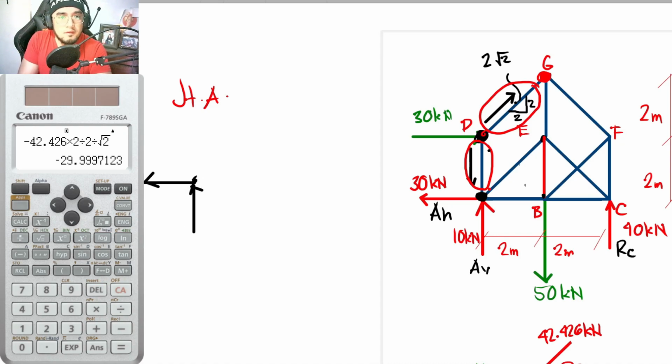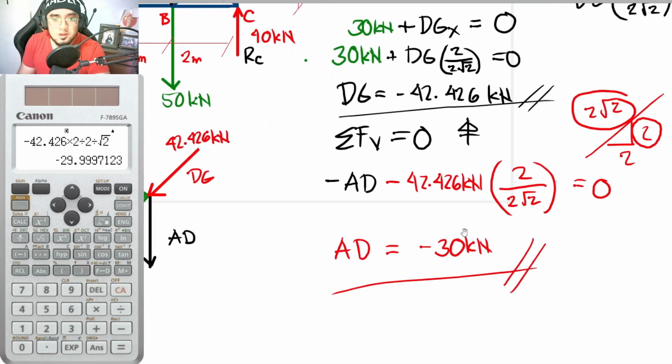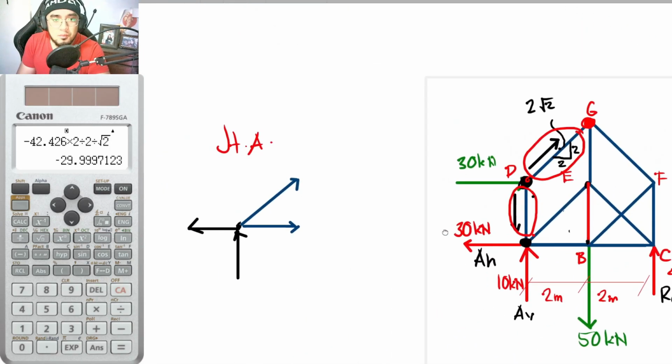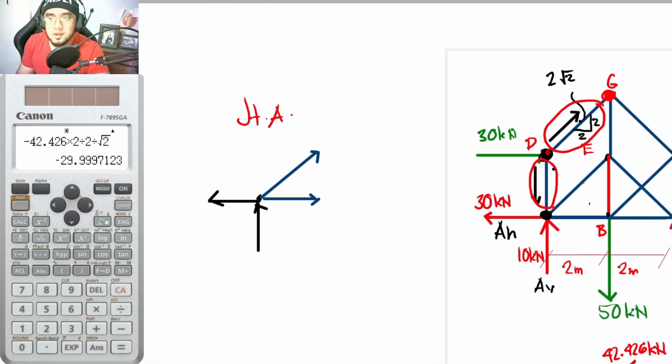Then we have the bar force AB. We also have the bar force, what is this? AE. Then for AD, we have already solved for it, which is negative 30, meaning that it is compression. Compression means that the force is towards the joint always. So this is now 30 kilonewtons, and this is now 30 kilonewtons also.